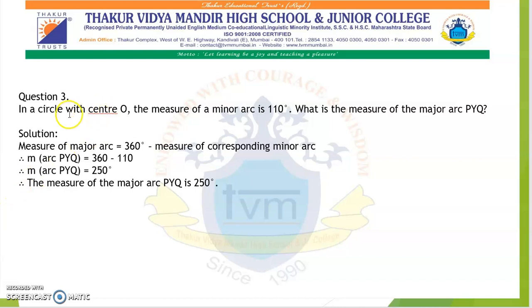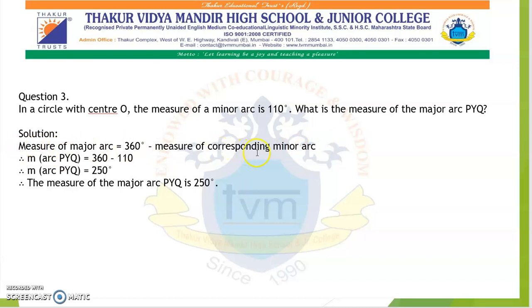Now let us see some questions based on that. In a circle with center O, you imagine a circle which is having a center O. The measure of the minor arc is given, 110 degree. What is the measure of major arc? Remember the formula. Measure of major arc is always equal to 360 degree minus measure of corresponding minor arc.